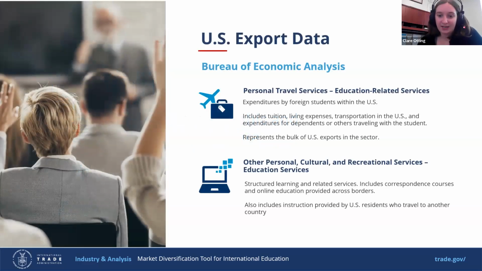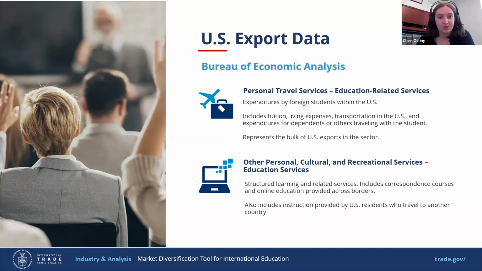The first data set that I mentioned is US export data. This comes from the BEA, the Bureau of Economic Analysis, specifically within their International Trade and Investment Statistics section. Data for international education from the BEA is broken down into 2 categories.